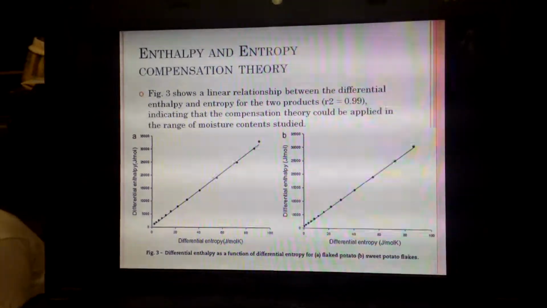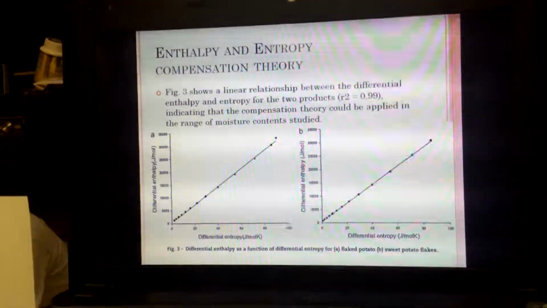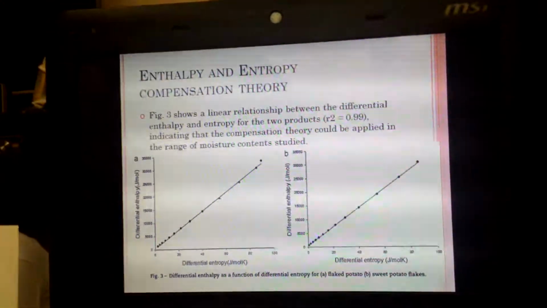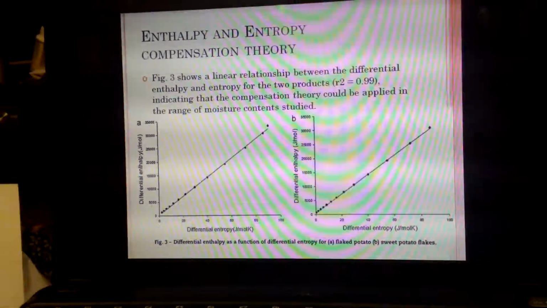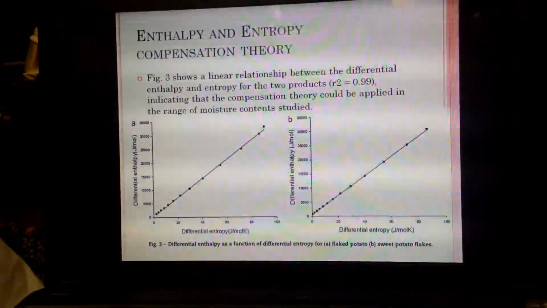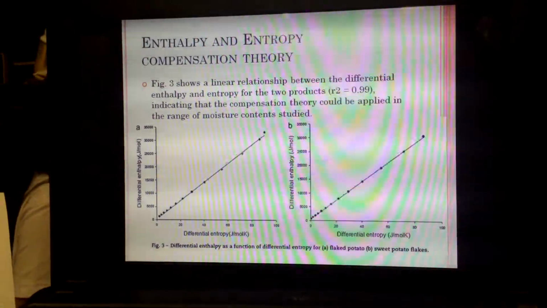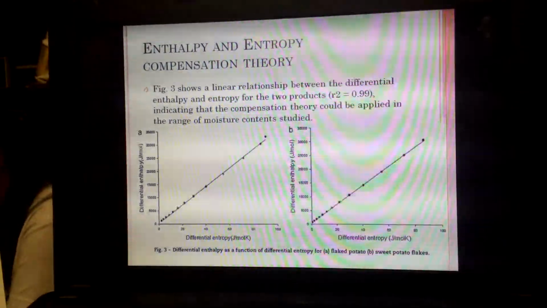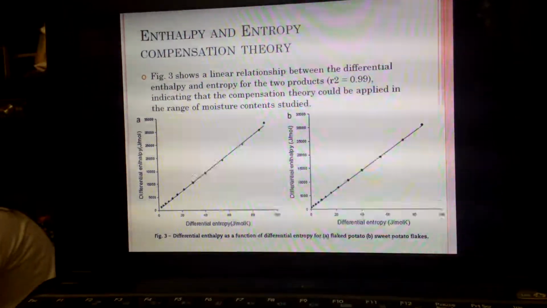So, if the harmonic temperature is lower than the isokinetic temperature, the process is controlled by the enthalpy, while if the harmonic mean temperature is greater than the isokinetic temperature, the process is controlled by entropy.